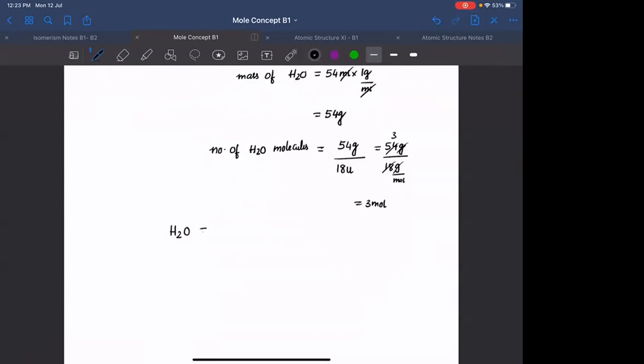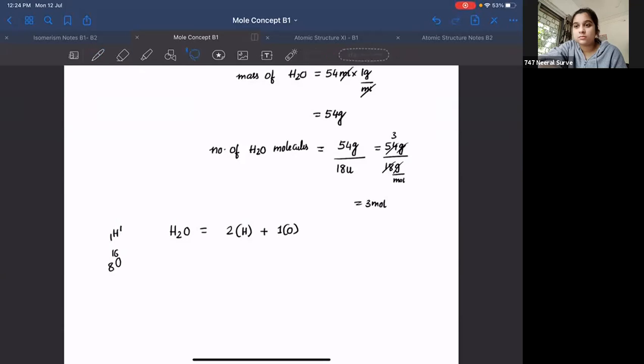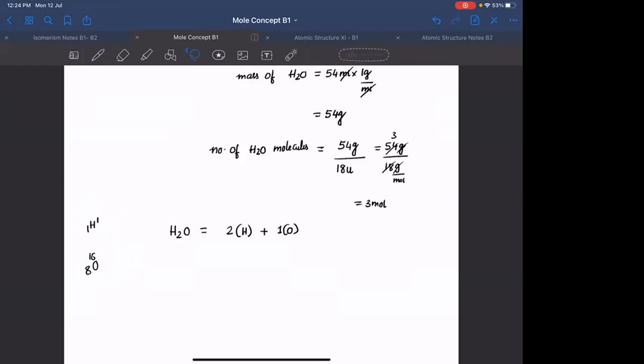If you analyze H2O, you have 2 hydrogen atoms and 1 oxygen atom. What are number of neutrons equal to? It is mass number minus atomic number. Okay.